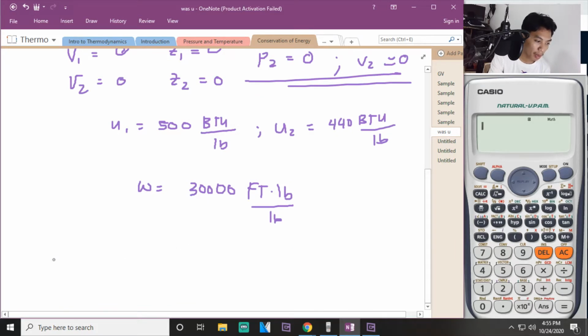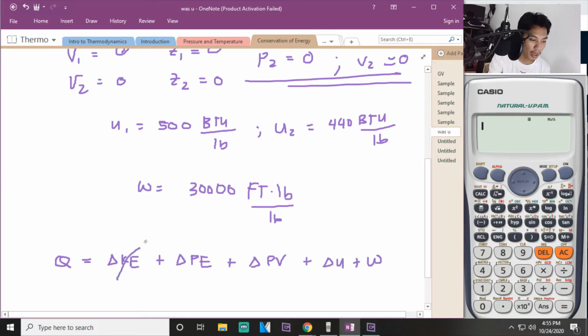So, kapag meron tayong heat, ay equal yung heat na yan sa total ng change in KE plus the change in potential energy plus yung change in flow work, that is the change in P and V, plus the change in U, plus the work. Ngayon, wala tayong KE, 0.